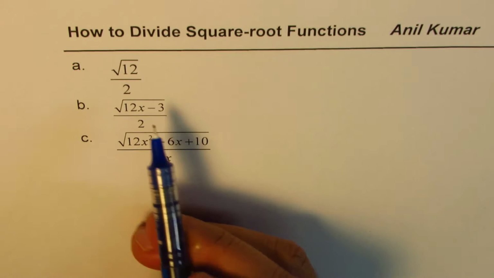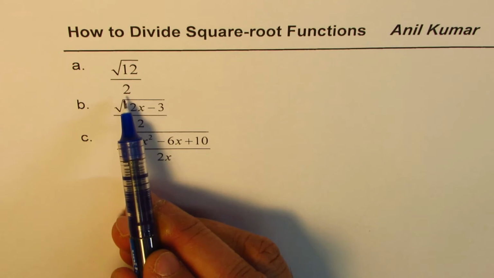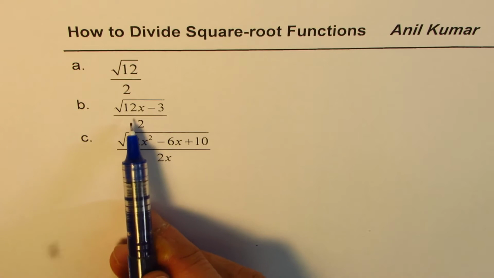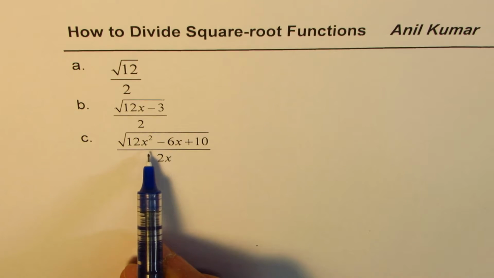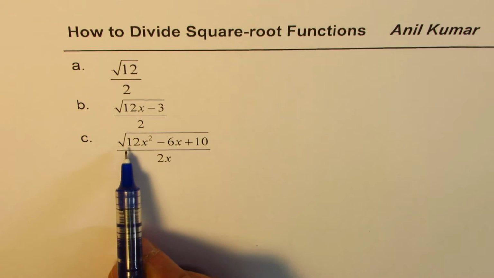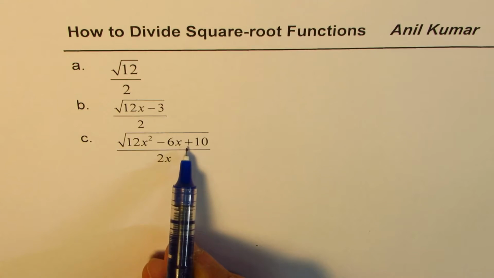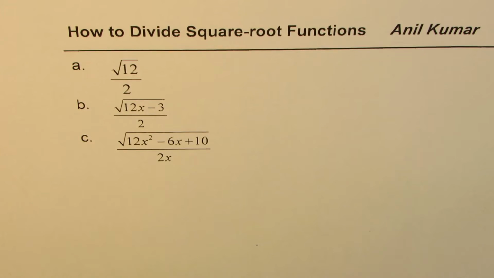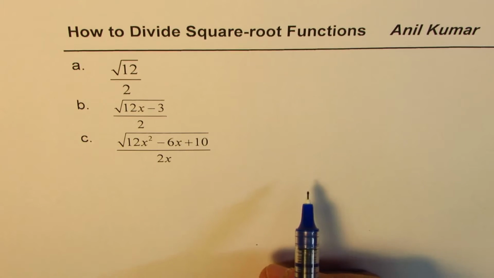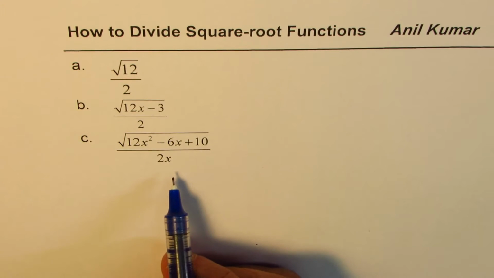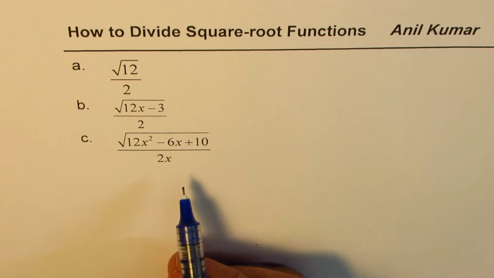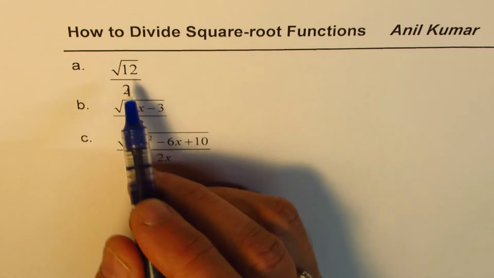We'll begin with square root of 12 divided by 2, move on to square root of 12x minus 3 divided by 2, and then complicate it a bit more, writing it as square root of 12x squared minus 6x plus 10 divided by 2x, right? I hope with these steps you will get the idea, and then in a couple of videos I will complicate this structure and see how to really do such questions. So let's begin with the very first one.